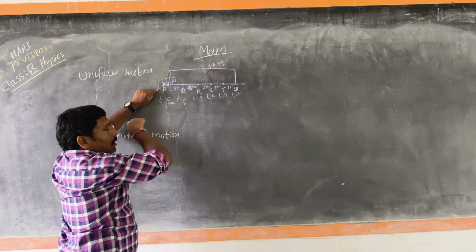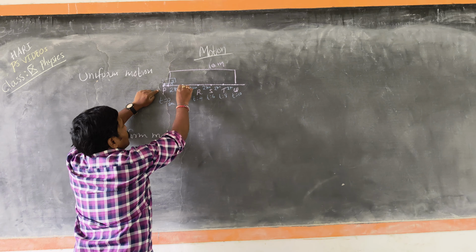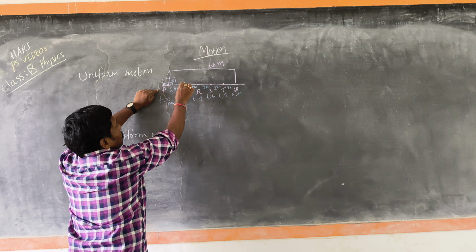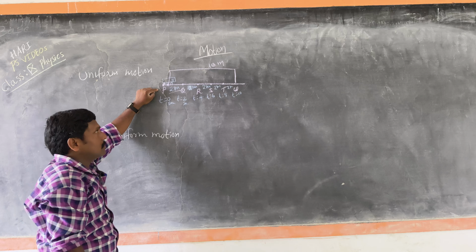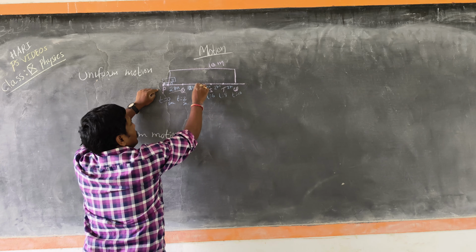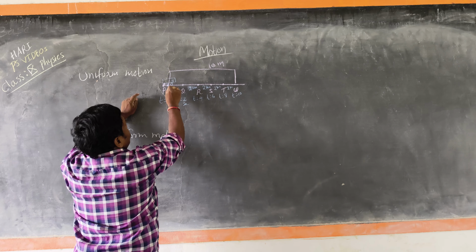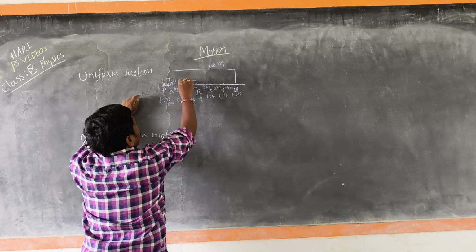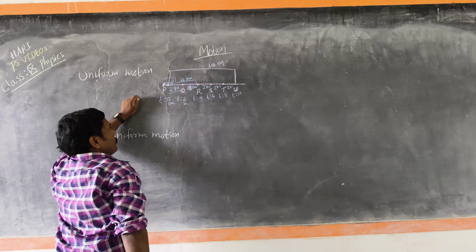After 2 seconds it is at Q, so the distance between P and Q is 2 meters. After time 4 seconds it is at R, so P to R is 4 meters.